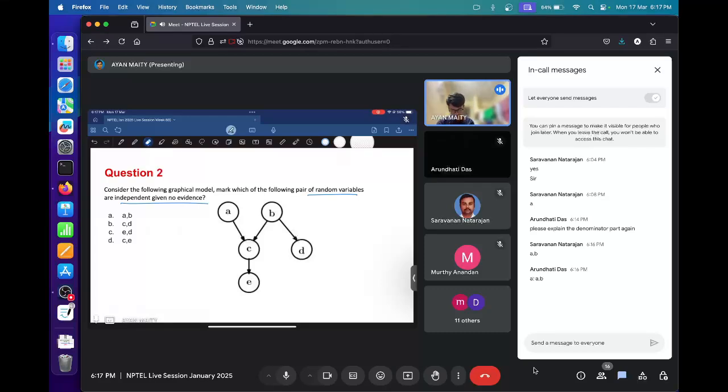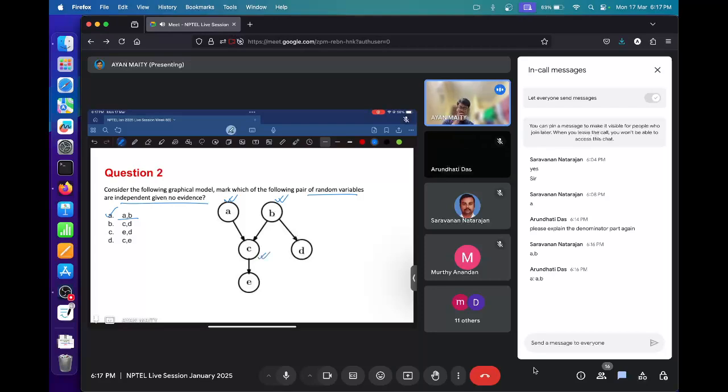The correct answer is option A, A and B. So this is A, this is B. And if no evidence is given or no other random variable is given, A and B are independent of each other. As we can see, there is no serial path from A to B. And also this C is not given.